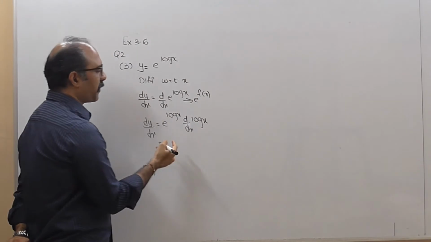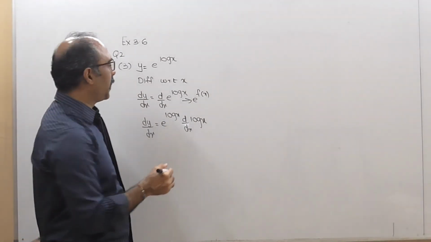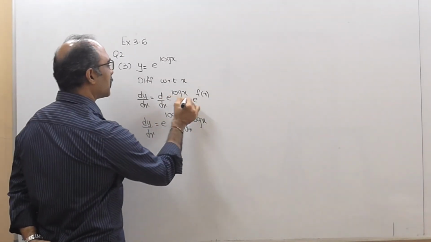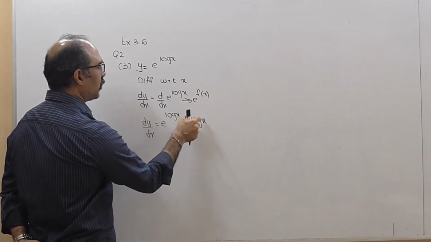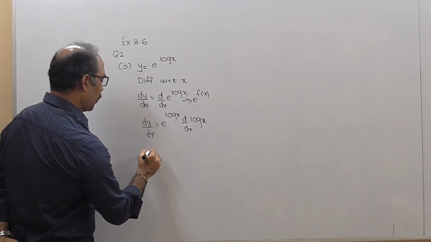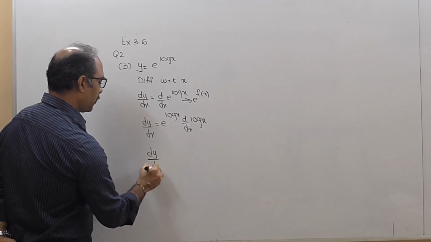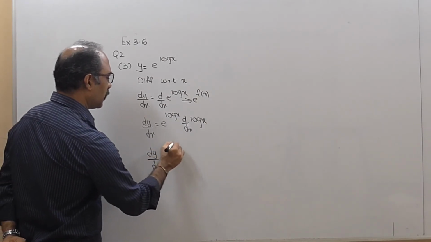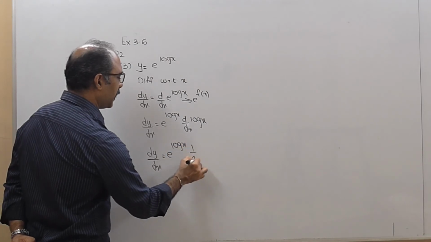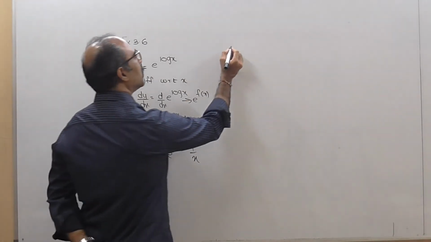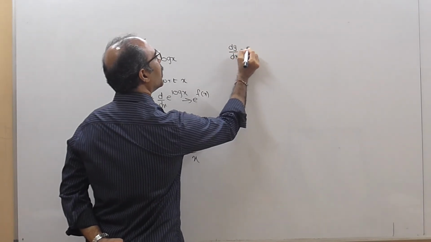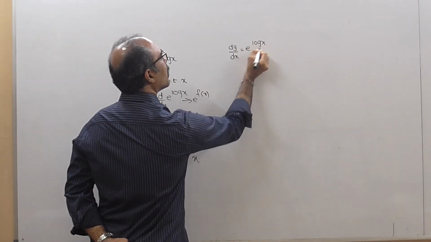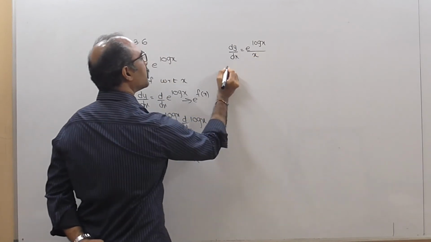The derivative of e raised to f of x is e raised to f of x, d by dx of f of x, because f of x is log x. If you compare, you get log x equal to f of x, meaning f of x equal to log x. So we will have dy by dx equal to e raised to log x, and the derivative of log x is 1 upon x. So we get dy by dx equal to e raised to log x upon x.